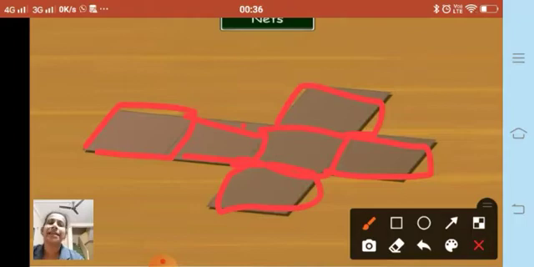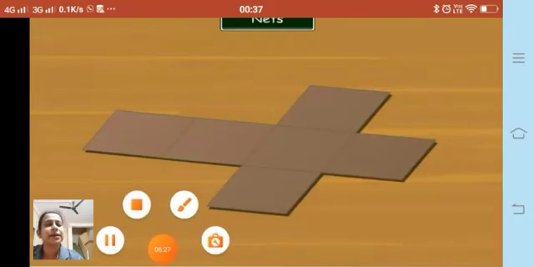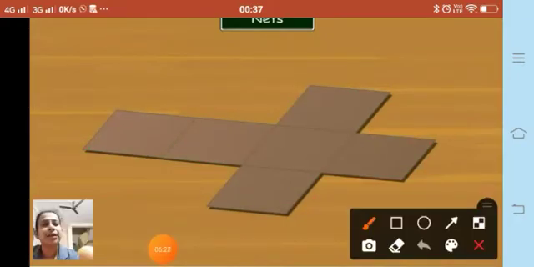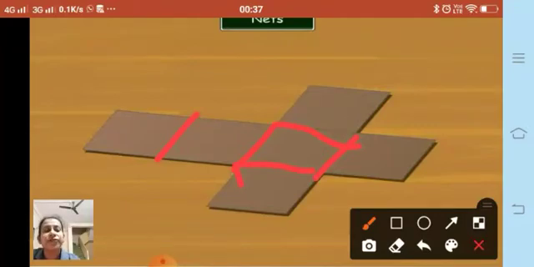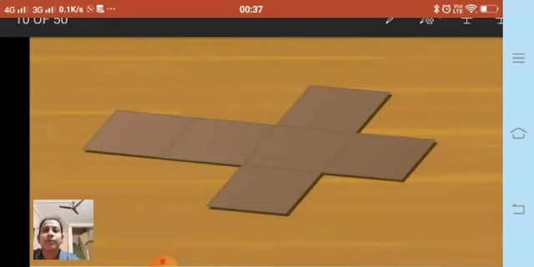So altogether there are 6 squares in this figure, and they are traced by bold lines. This is the first line, this is another line, another line like this, and this is another line. There are different bold lines, and if we fold along these bold lines, then what can we get?